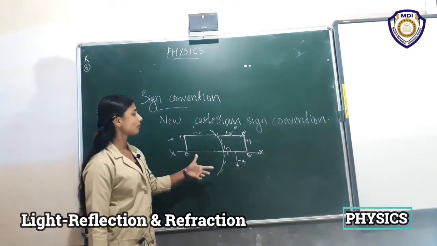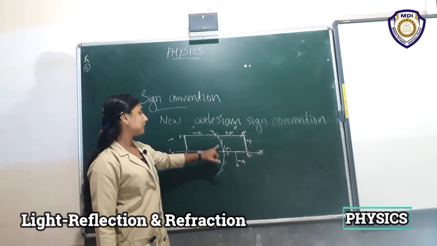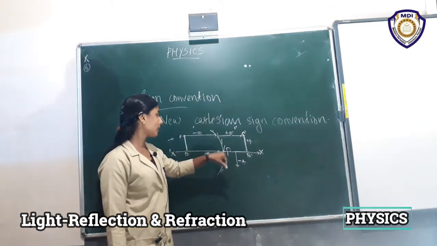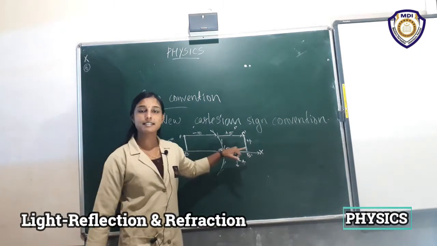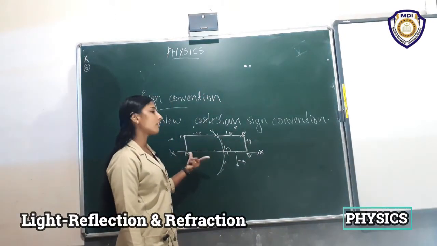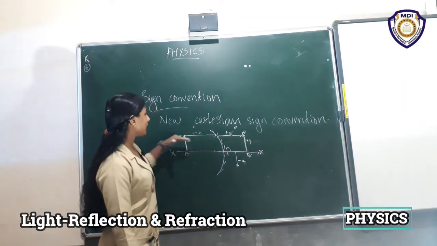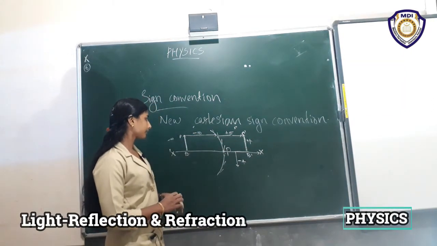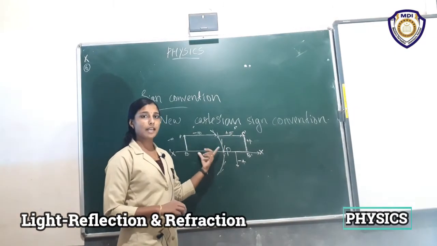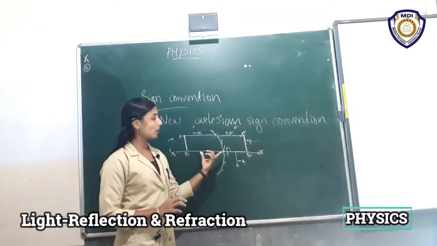So what we have said is that the pole is the origin, and the principal axis is the x-axis. The object is always at the left of the mirror, and distances parallel to the principal axis are measured from the origin.